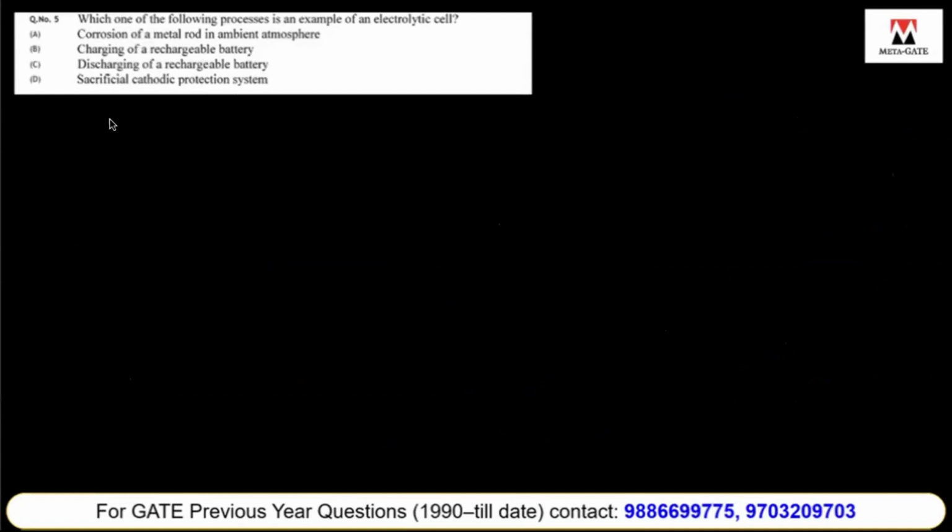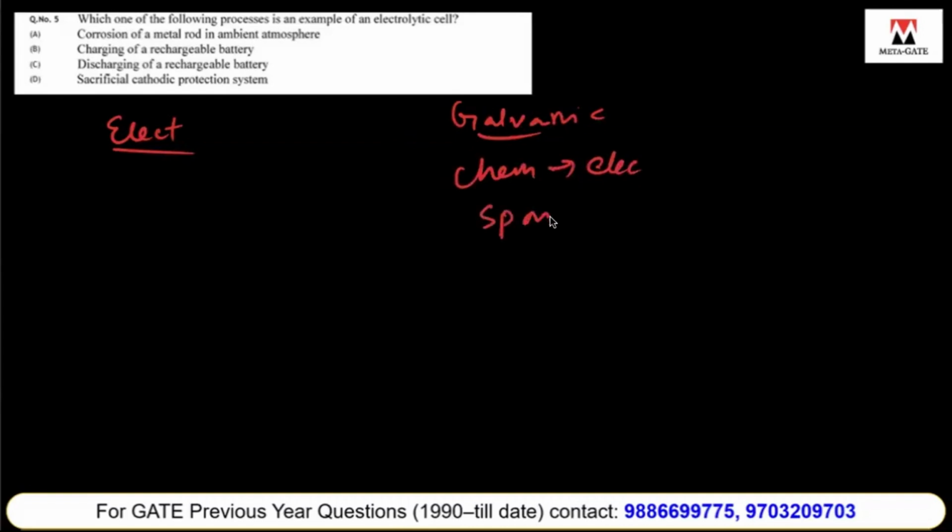See, let's see what the difference is between electrolytic cells and galvanic cells. Galvanic cells are the type of cells which convert chemical energy to electrical energy, and the reaction is spontaneous.